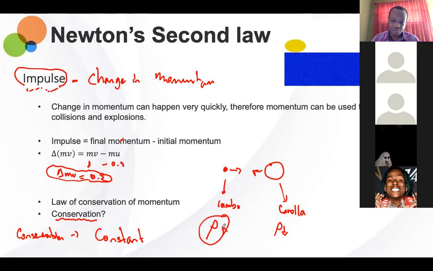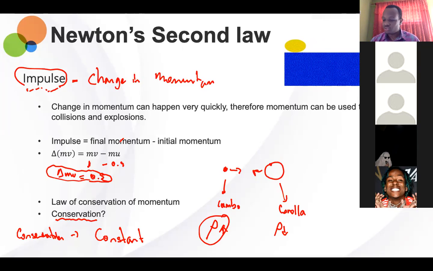And for our Corolla, our bigger, faster and stronger car, the momentum decreased. We wondered why, as scientists, we must ask: why does one increase and one decrease?